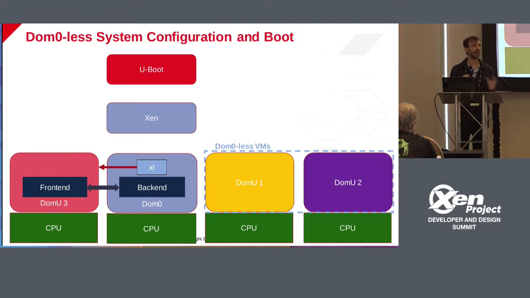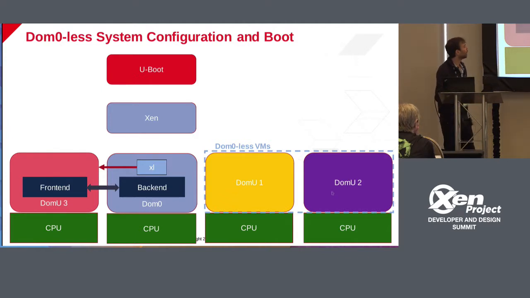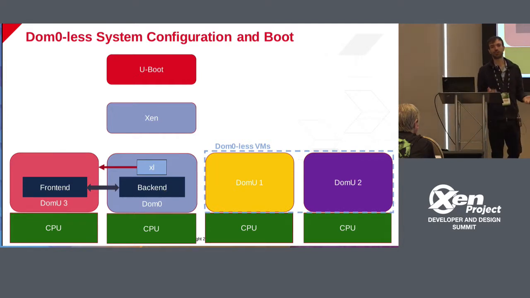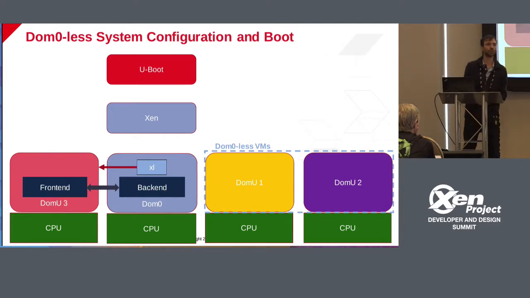It was completely idle. It was booting, but it wasn't doing anything at all to get yellow and purple up and running. But you still have Dom0 there. So once Dom0 boots, you can still use xl to start and stop VMs, see what's up and running, and do anything that you usually do in Dom0.